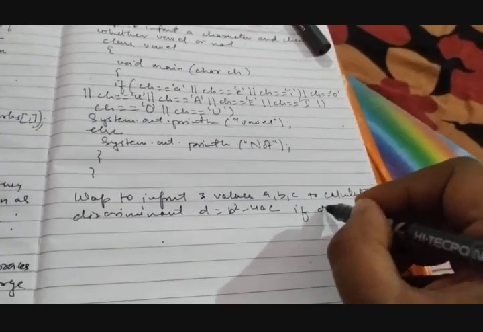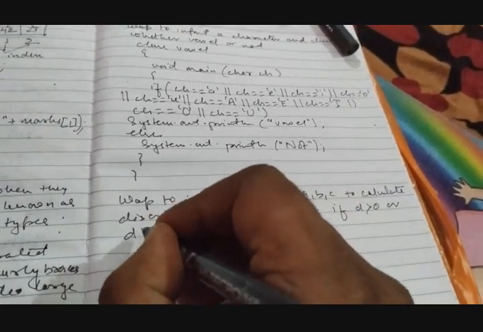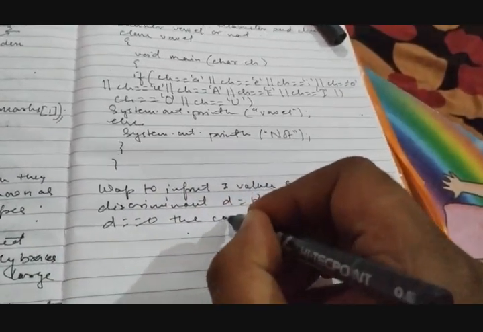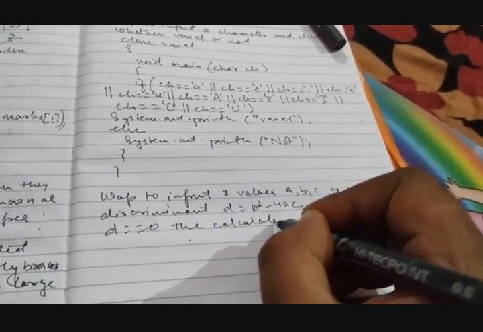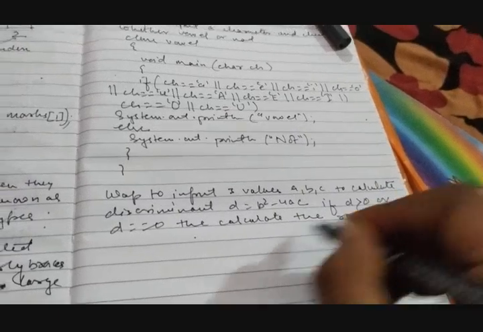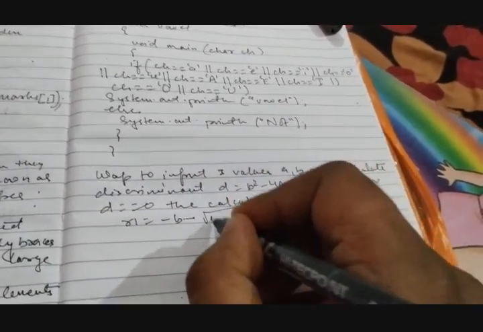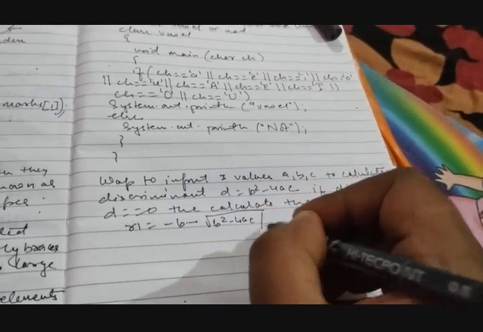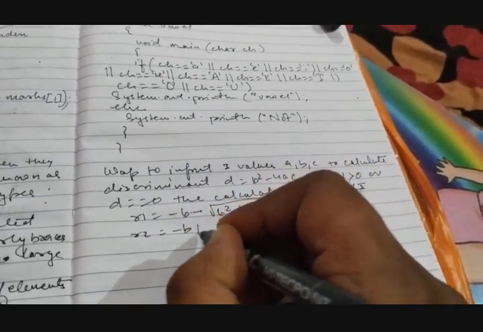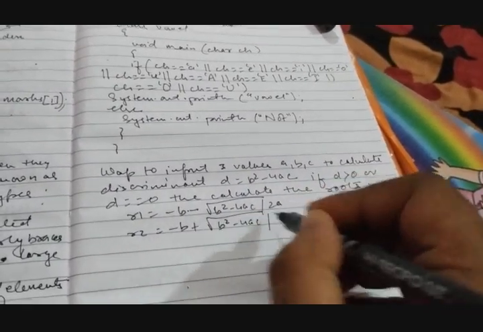If D is greater than 0 or D equals 0, then calculate the roots: r1 equals minus b minus root over b square minus 4ac upon 2a, r2 equals minus b plus root over b square minus 4ac upon 2a.